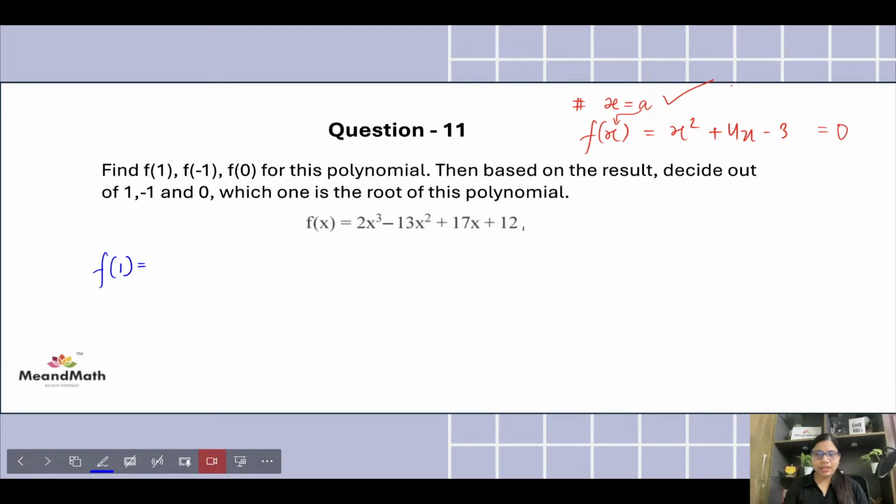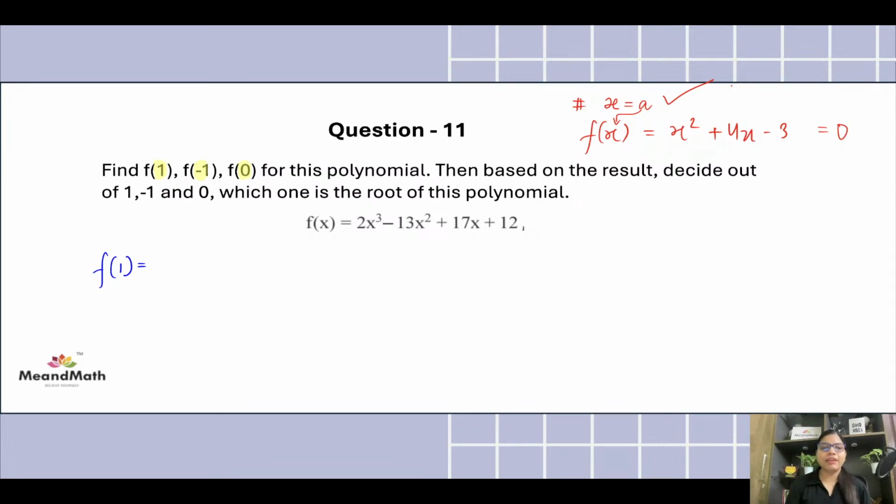So we are trying to find out f(1). We have to find out f(1), f(-1) and f(0). Okay, Janvi is here. Janvi is a consistent participant right from session 1. She is joining. So Janvi, today we are trying to find out roots of polynomials, or if polynomials are given, we are just checking whether they could be the roots or not.